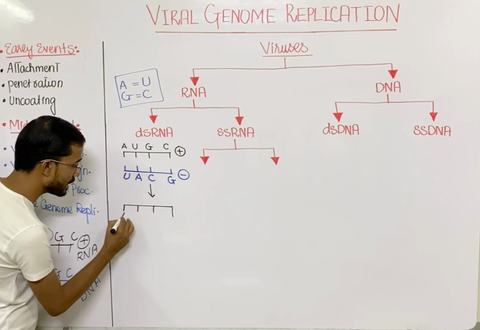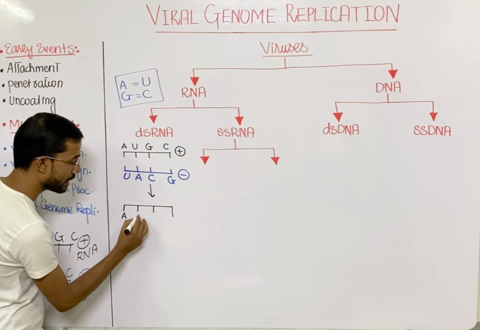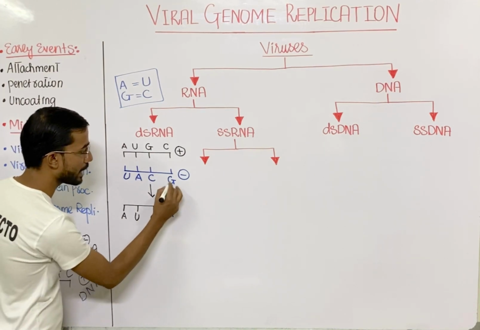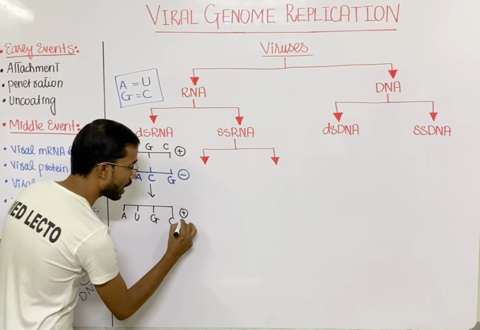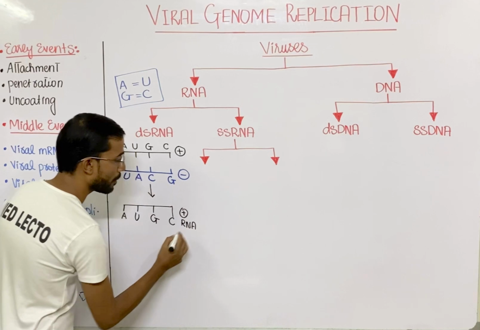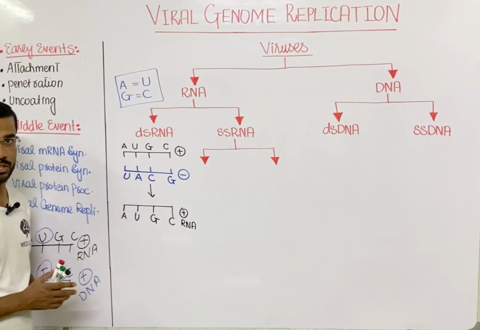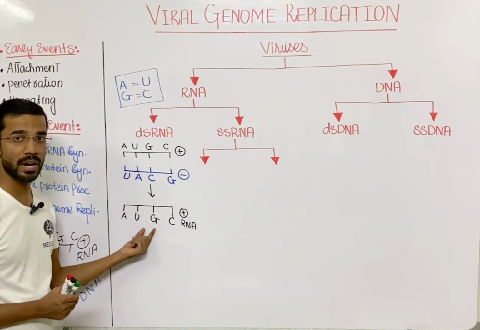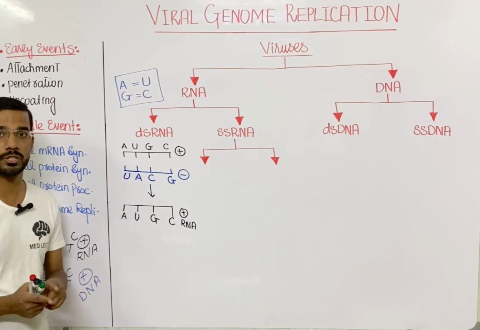U is opposite to A, and A opposite to U, C opposite to G and G opposite to C. Now this is the positive strand RNA, a single strand. From this positive polarity RNA you will see the formation of double stranded RNA.